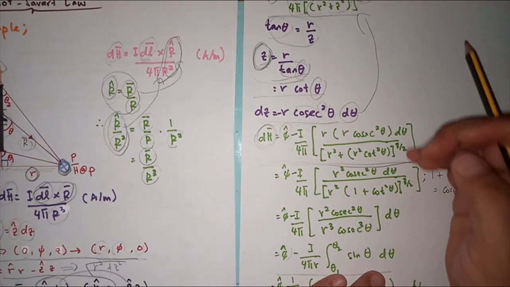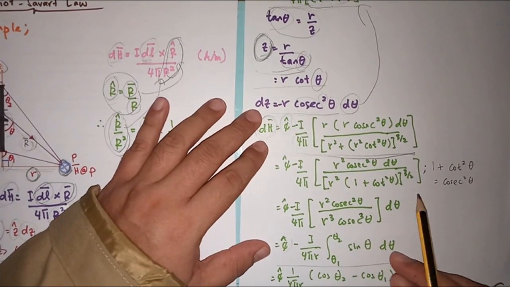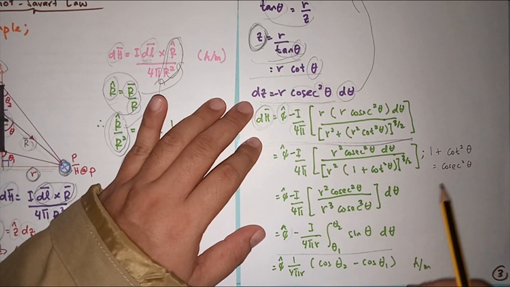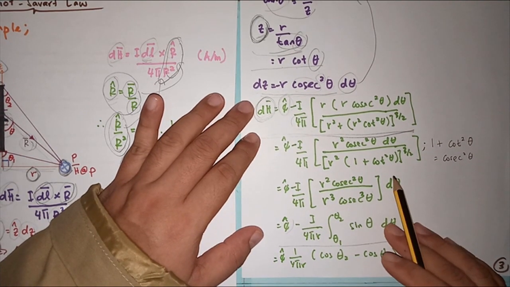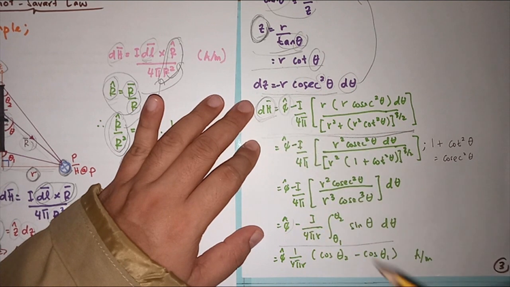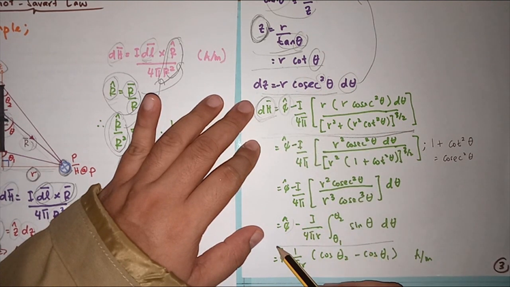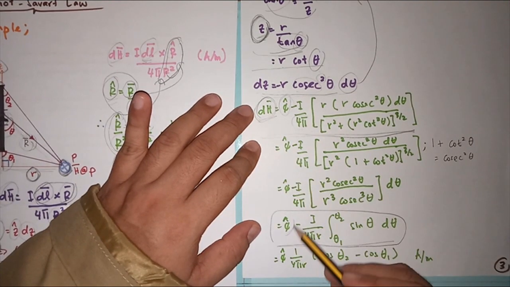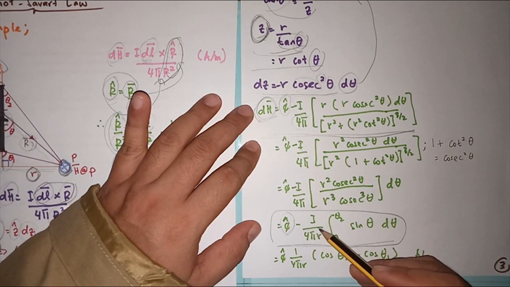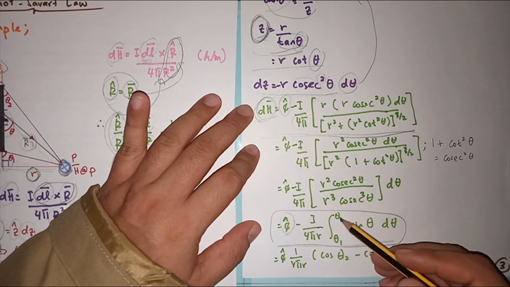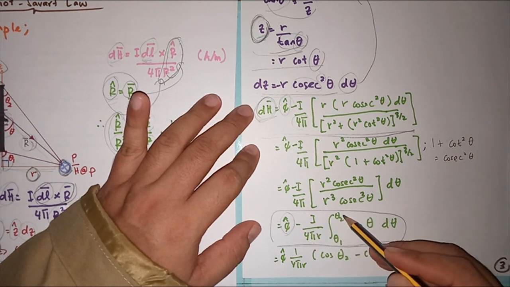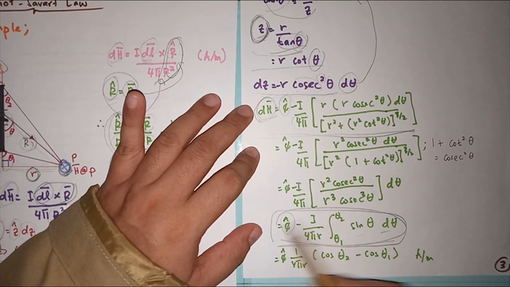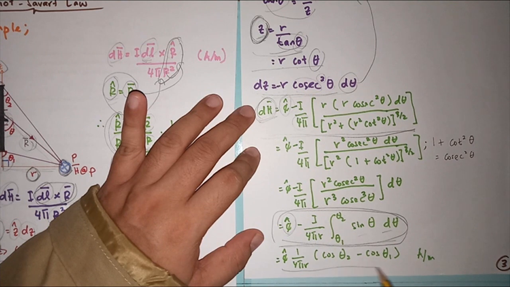We follow from one step to another, and with the application of trigonometry, we find the dh expression equal to this. So we have dh equal to phi-cap minus I divided by 4 pi r, integration from theta 1 until theta 2 of sin theta d theta. And the solution for this expression is given by this expression.